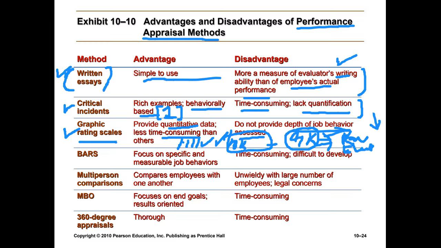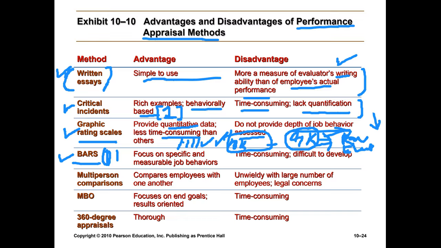Then BARS, the behaviorally anchored rating scale, is a scale that assesses the performance of new employees or trainees based on well-defined behavioral patterns. So we are concerned about the behavioral patterns in the employees, and these patterns are used to rate each individual employee. Basically BARS are used to differentiate one employee from another on the basis of behavior.